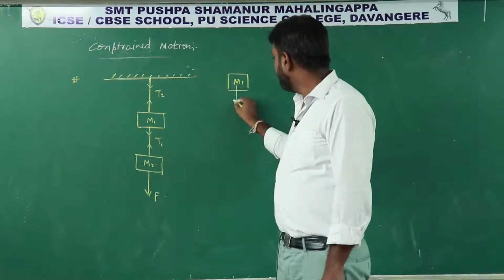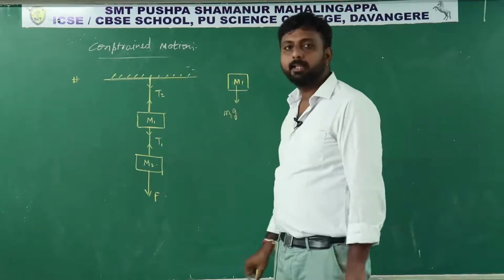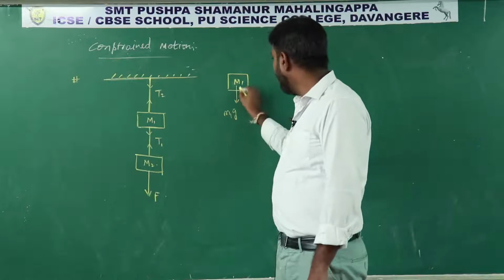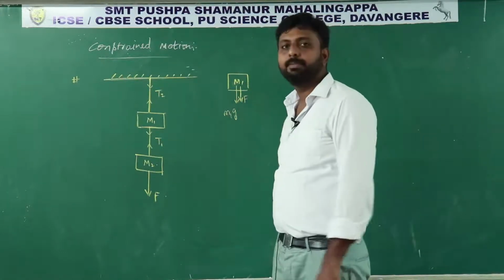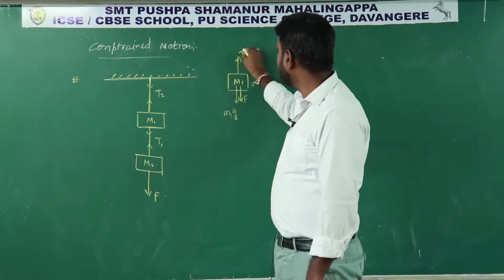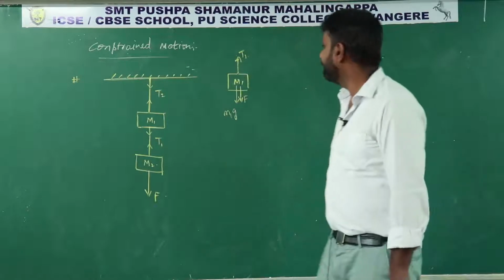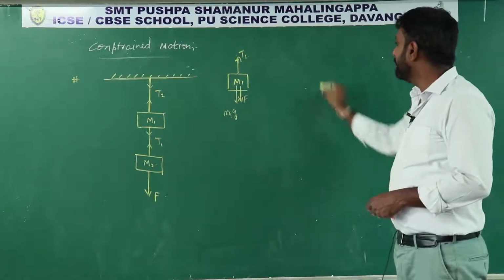In that case you have to consider its weight, m1g, acting downwards, and plus you are applying force, that force is F, and in upward direction the force acting is tension force, that is T1. These are the forces acting on the block m1.